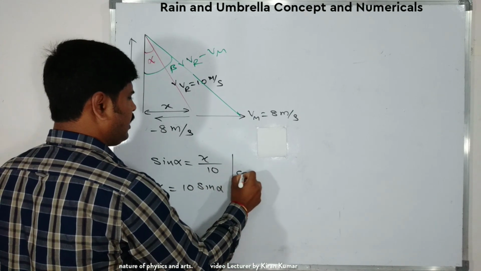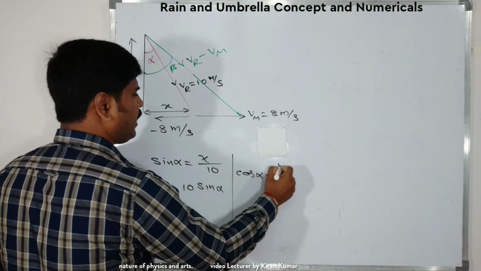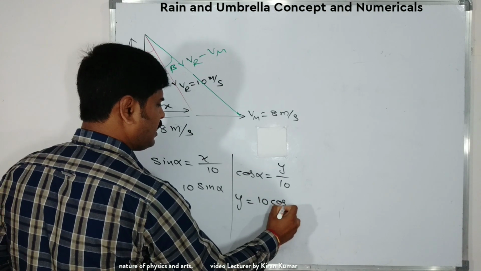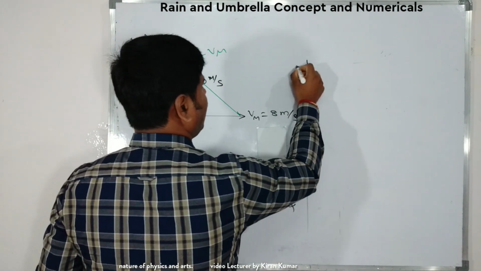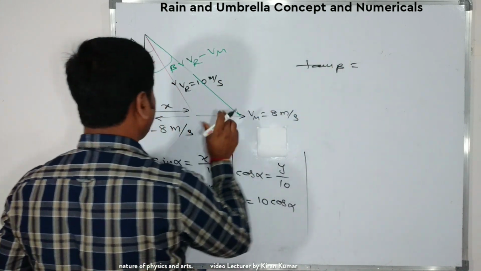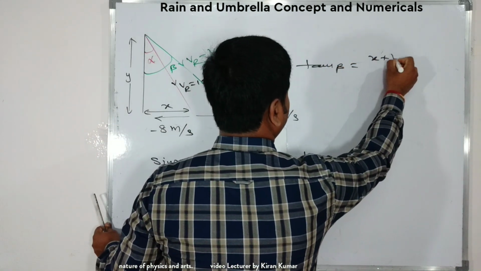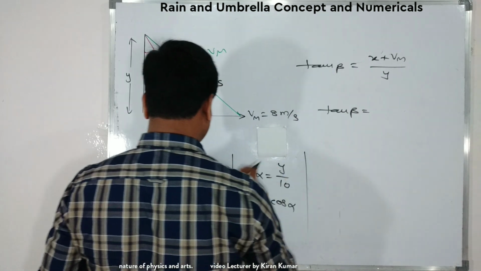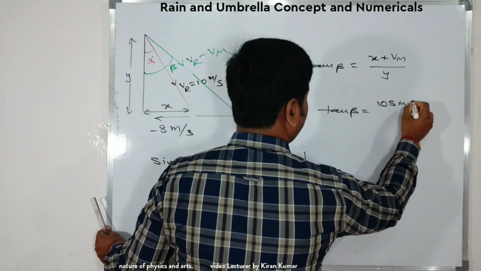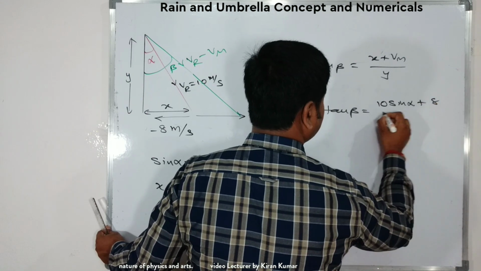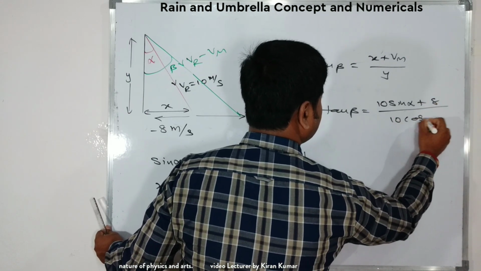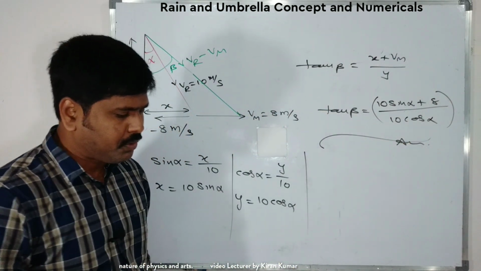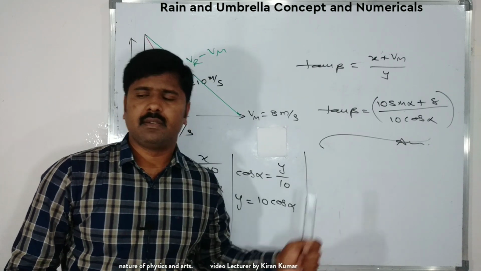Next cos alpha is equal to y divided by 10, and y is equal to 10 cos alpha. And tan beta is equal to opposite value, x plus Vm, divided by y. So tan beta is equal to x value 10 sine alpha plus Vm value 8, divided by 10 cos alpha. So this is the answer for the given question, and please copy this.